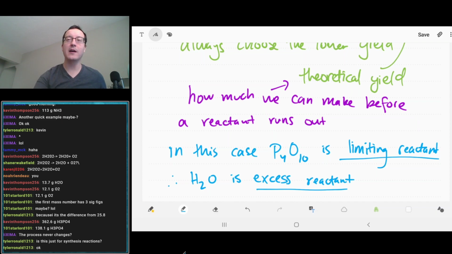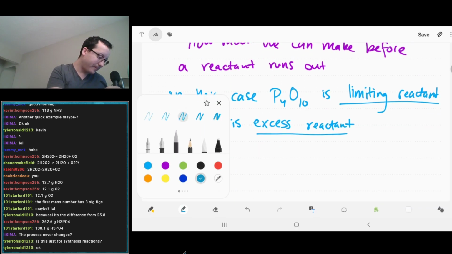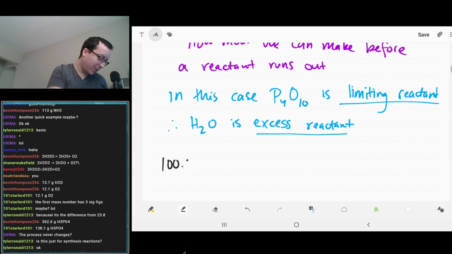There are a number of ways we could find out how much water is left over. Presumably, we will use all our P4O10. There will be none of that left. We will have made our 138.1 grams of phosphoric acid. If we wanted to find out how much water is left over, we remember we put in 100 grams of P4O10.